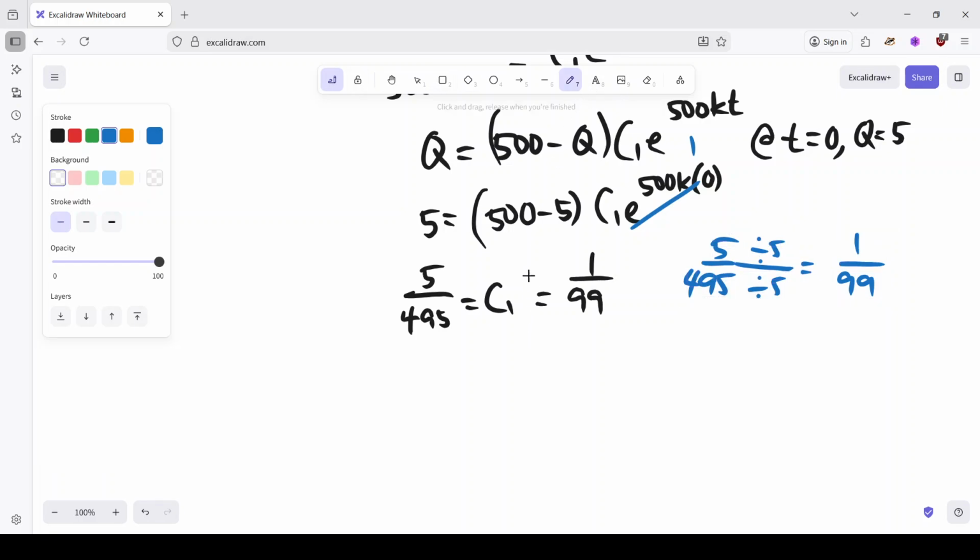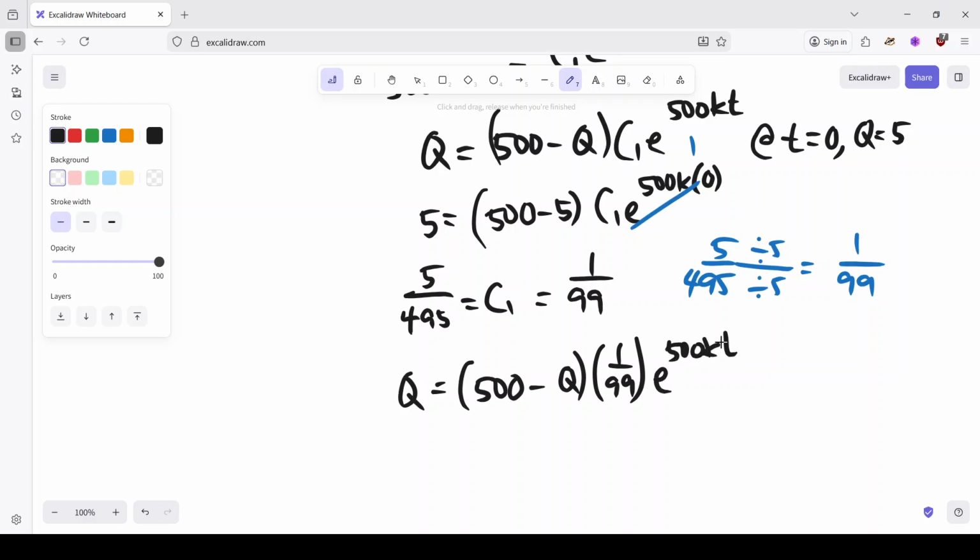Next, let's include the new value of c1 to our equation. So, maging working equation talaga natin dito now will be 500 minus q times 1 over 99 e raised to 500 kt. So, wala na tayong iba pang given.